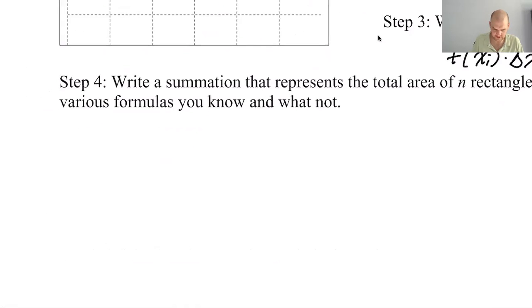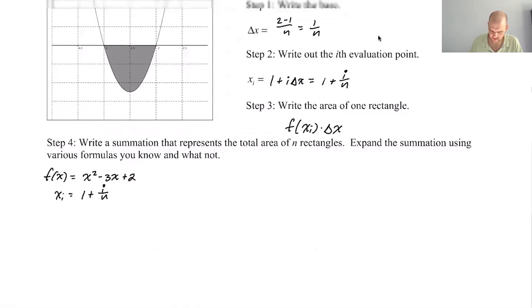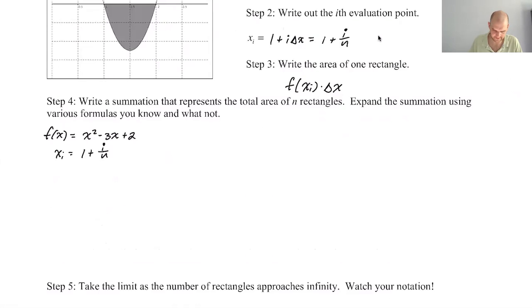Whatever. Let's do it. So f of x is x squared minus 3x plus 2. And then x sub i, we said, was going to be 1 plus i over n. Okay, good to go.